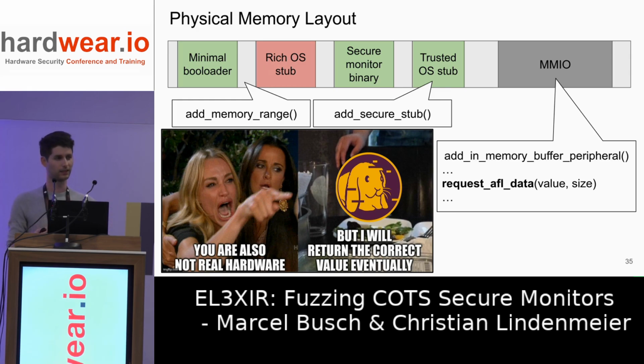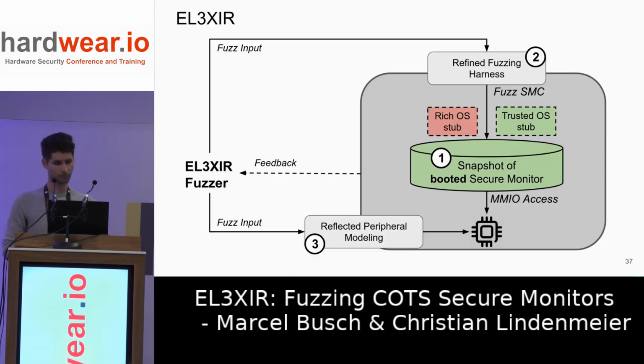And our fuzzer, obviously not being hardware, also has no clue which peripheral is backing this memory region, but after enough executions, our fuzzer will eventually come up with a good value. And this allows us to emulate peripherals in an automated manner.